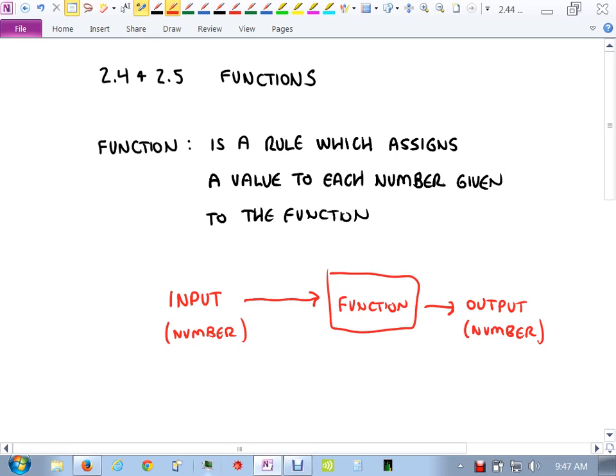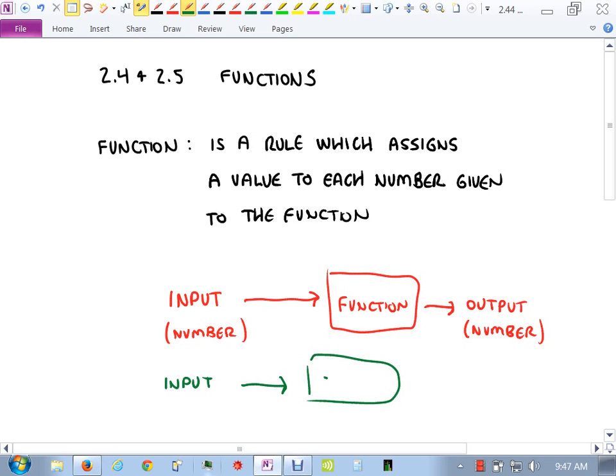So you can look at a function almost like an operator, like you have some sort of algebraic rule. Let's say the rule is squaring something, then it would look like this. Your input would be a number. It would come into this function.